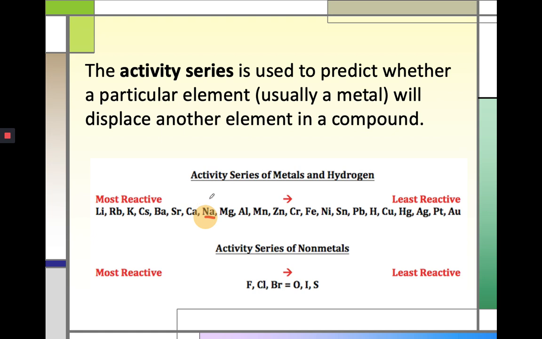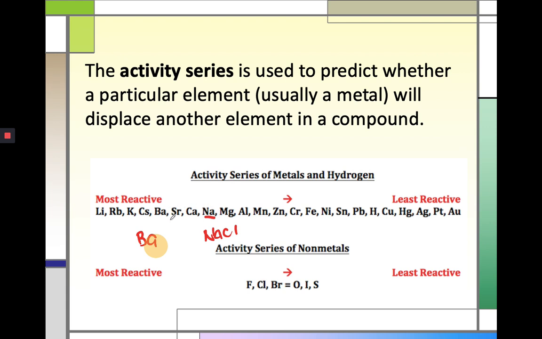If you make this a reference point, for example NaCl, and you ask whether a reaction can happen between a barium atom and NaCl: in the activity series, all the preceding elements for a certain element X can displace that particular element.